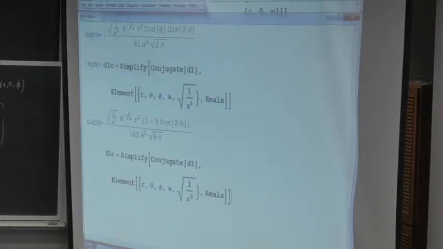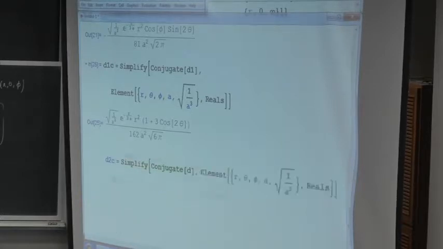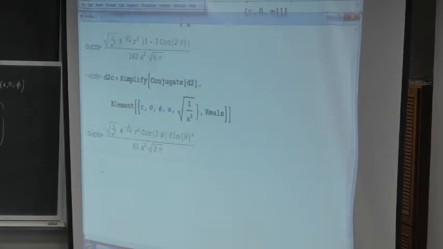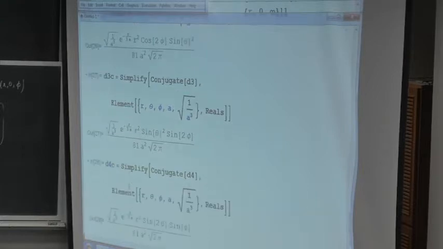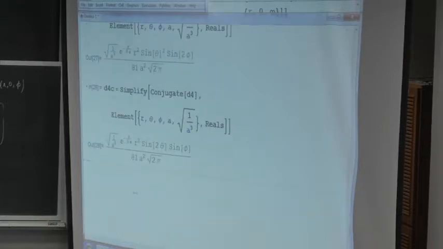Now I can do this for all the wave functions. Okay, I'm defining the complex conjugates. But weren't these real functions in the first place?